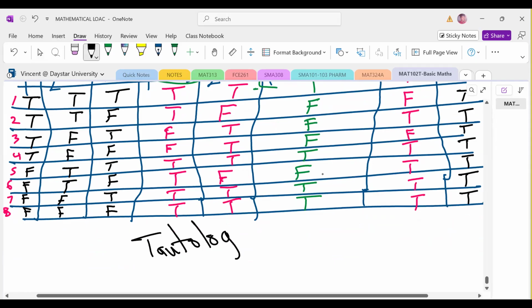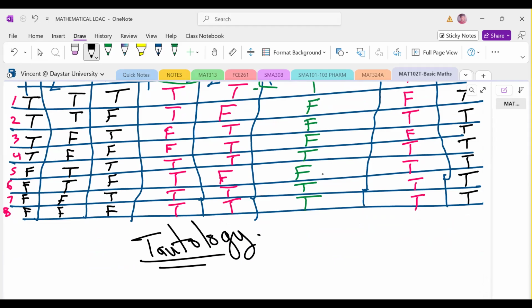So I hope up to that point now, you should be trusted with drawing truth tables for compound statements. Because in all the problems we have discussed, we may discuss negation, we may discuss conjunction, we may discuss disjunction, we may discuss biconditional, we may discuss conditional. So now I want you to try the remaining problems.